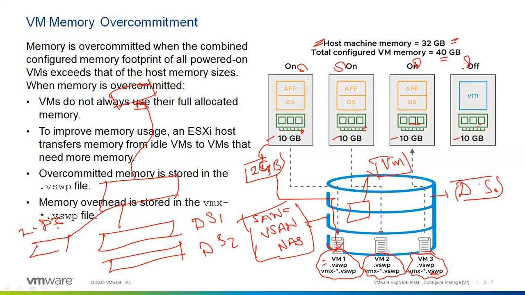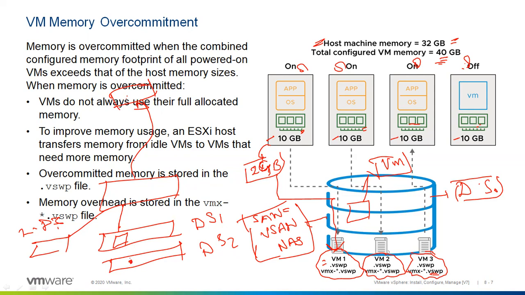Like for this example, my host is crunching 8 GB of memory. So in this case, whenever any of the VMs requires swap, it can be defined where my swap will get created. As I said, by default, it is with the VM folder. Also, we have a choice. We can define the swap location on a different data store.